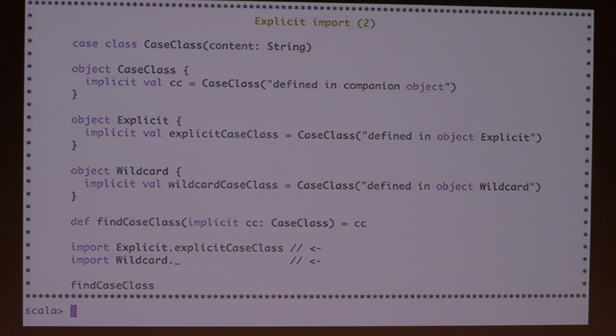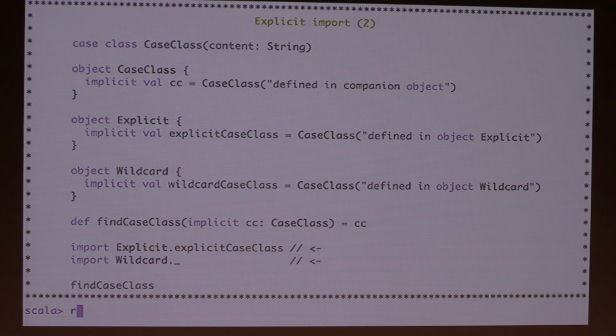So what do you think will happen when I do both of them? I do an explicit import and I also do a wildcard import. What will happen here? We again have the companion object, explicit, and wildcard. What do you think? Okay, let's take a look.